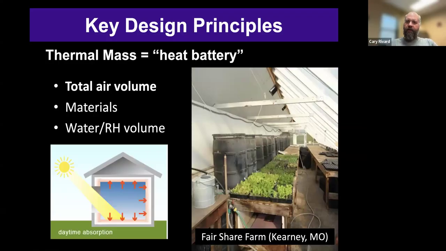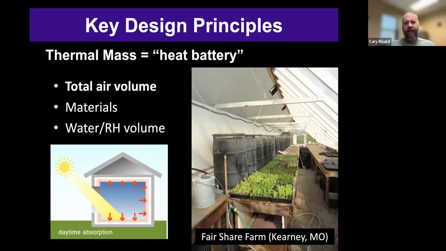One of the most important design principles to think about when you're purchasing a high tunnel is this concept of thermal mass. And the same thing holds for greenhouses as well. So during the day, that high tunnel is going to serve like a big heat battery. It's going to absorb a whole lot of heat from the sun, right? It's going to heat up the soil.